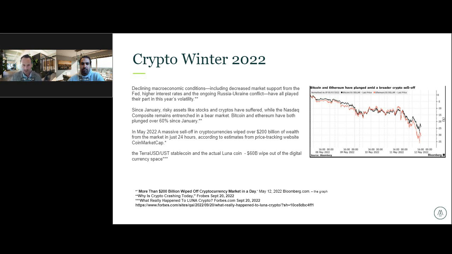I think I looked this morning, and over the past 12 months, Bitcoin and Ethereum are down about 70% off of their highs. So that's substantially more volatile than the general stock market and the bond market. That could be specific to this period in time, or it could be because there's a bubble. I guess we will find out as we move into the future.